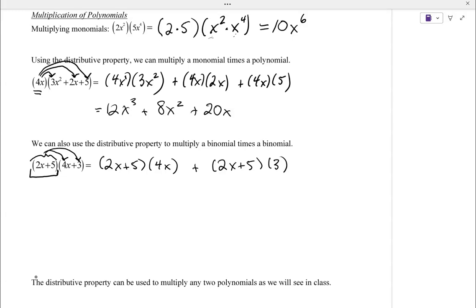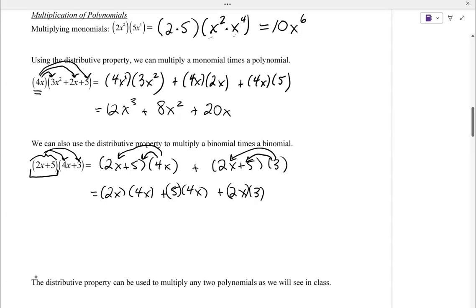I can take the 4x and distribute it. I can take the 3 and distribute it. So we get 2x times 4x plus 5 times 4x plus 2x times, I'll put parentheses around it so I'm emphasizing what I'm multiplying, 2x times the 3, plus 5 times the 3.